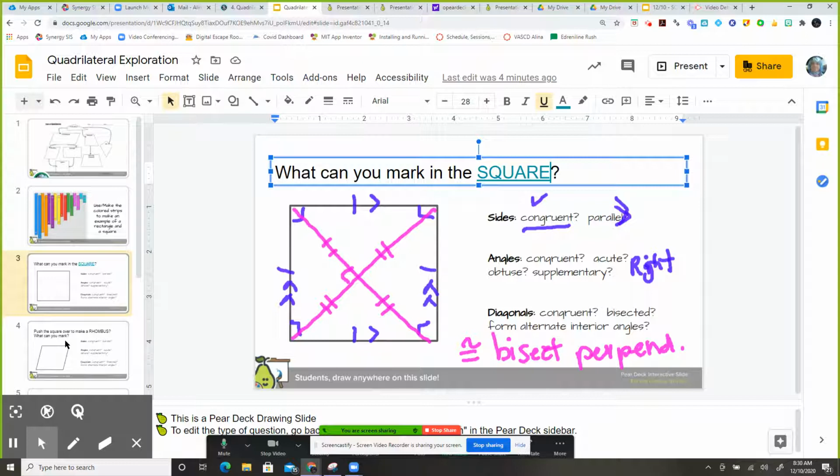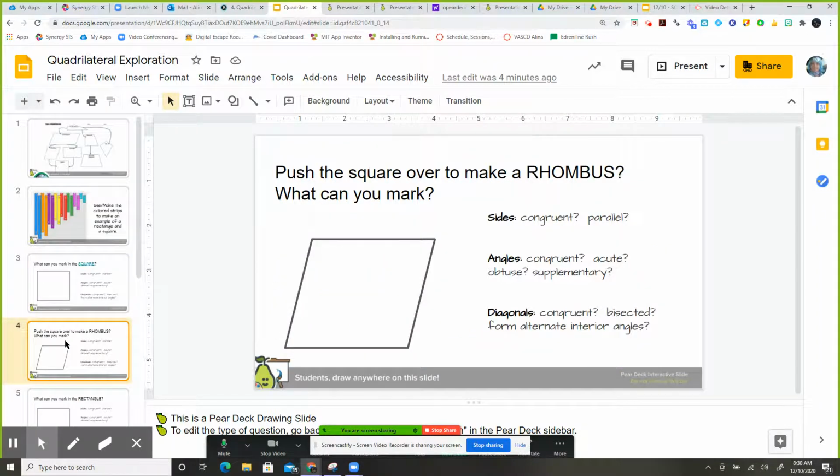Remember, the rhombus is a square that's been run over by a truck. So we're going to start with a square. So you can build yourself a square. And it starts off with right angles, but it goes and gets run over.